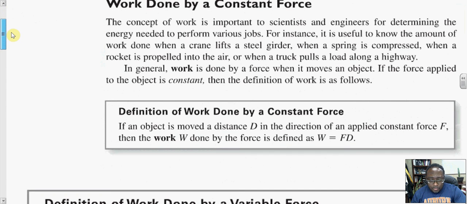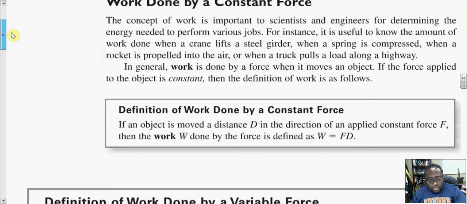The definition for work done by a constant force is just the work is said to be the force of the object with respect to the distance that object has covered. This is in terms of constant force.